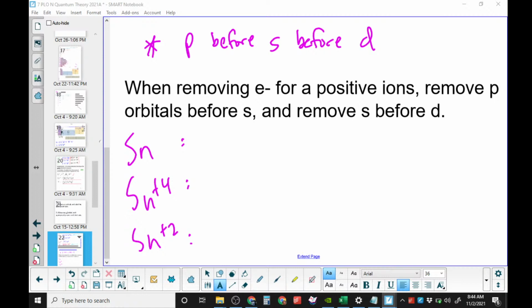Oh, use core notation. So you have to put the nearest noble gas first. You always have to put that first. Excellent. Where's tin? Oh, well.